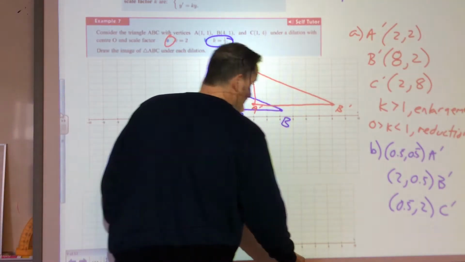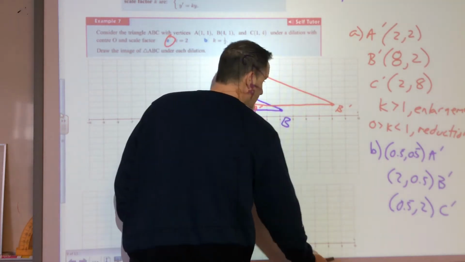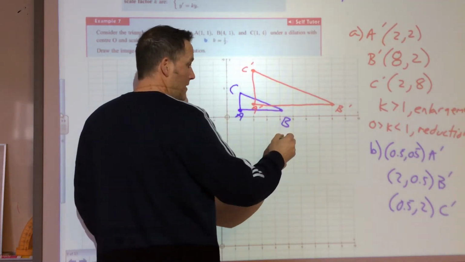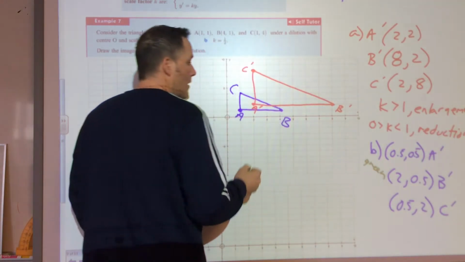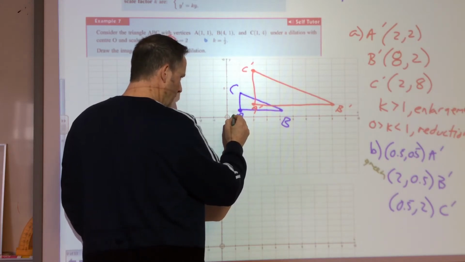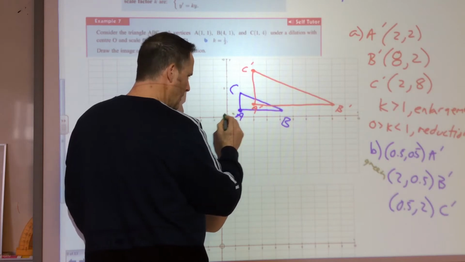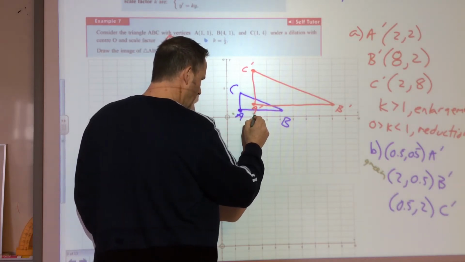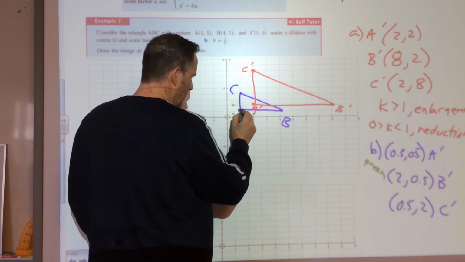I'll do those in a different color again so we can see what's going on. So for B, green, (0.5, 0.5) is probably right about there. (2, 0.5) about there. And (0.5, 2) right about there.